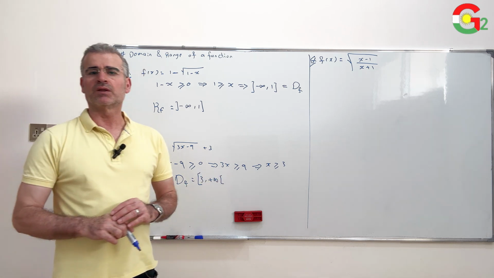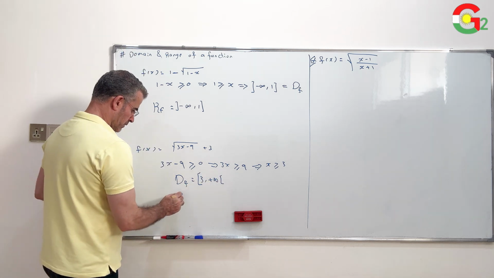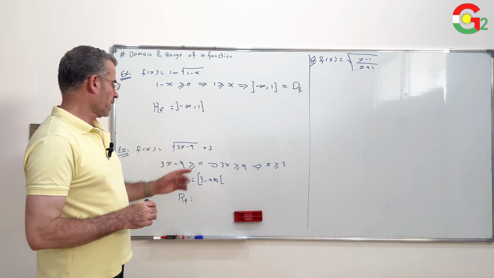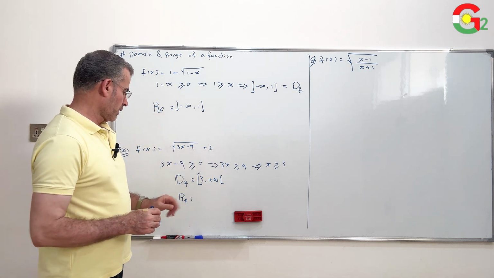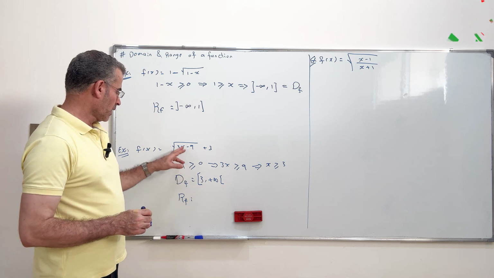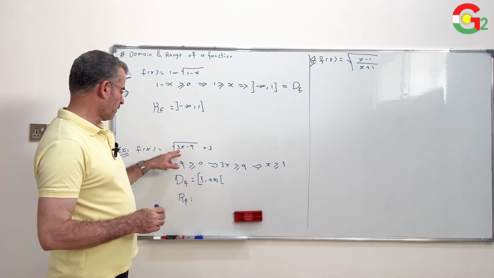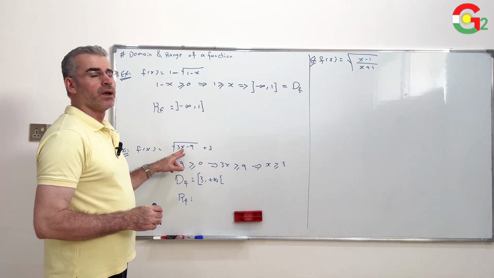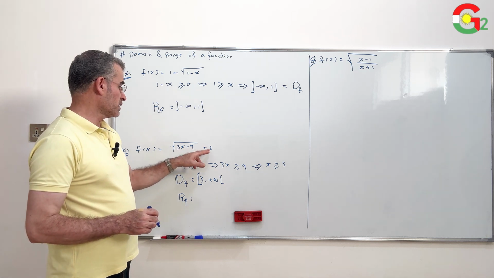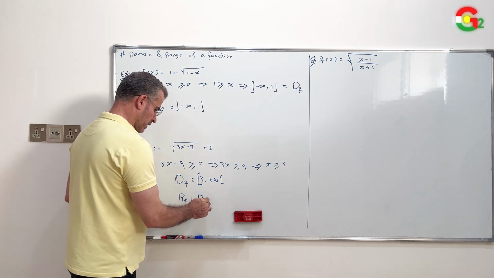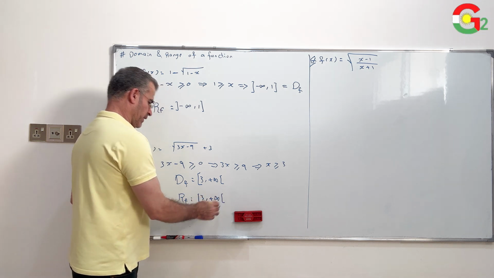For the range, since the root is preceded by positive and added to 3, substitute the first point in the domain of the function: 3 times 3 is 9, minus 9 is 0, 0 plus 3 is 3. Then the range is 3 to positive infinity.